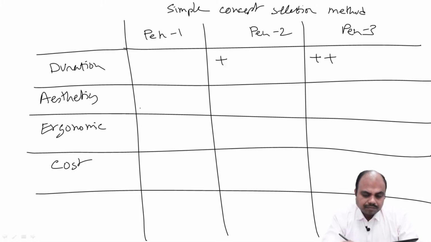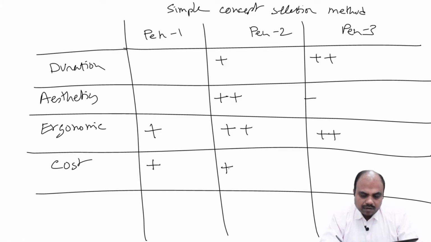In terms of aesthetics, pen number 2 is far better, very good looking, and pen number 3 is not that great. For ergonomics, maybe pen number 1 is good, pen number 2 is very good, and pen number 3 is also good. For cost, it should be lower: pen number 1 is good, low cost; pen number 2 is again lower cost; and pen number 3 is very good, low cost.